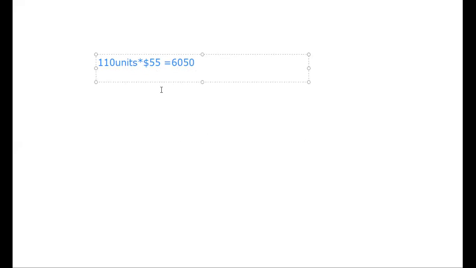Then we have the 490 units at a cost of $70. So what I'm doing here is I'm getting the value of all the goods that we had. So then we need to add both of them together.